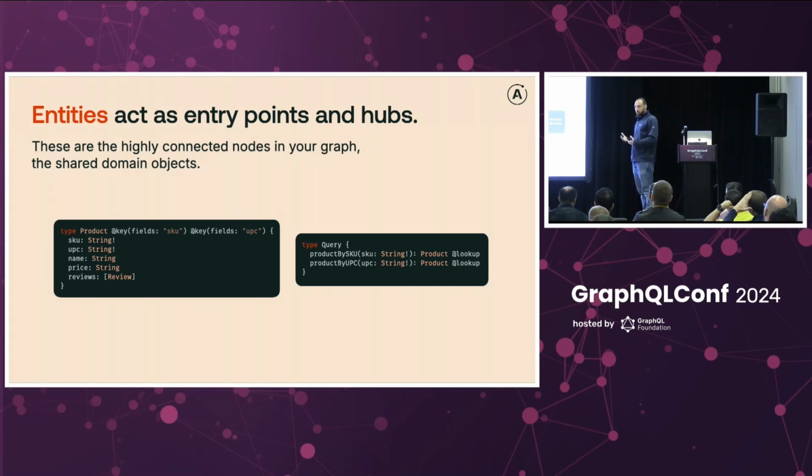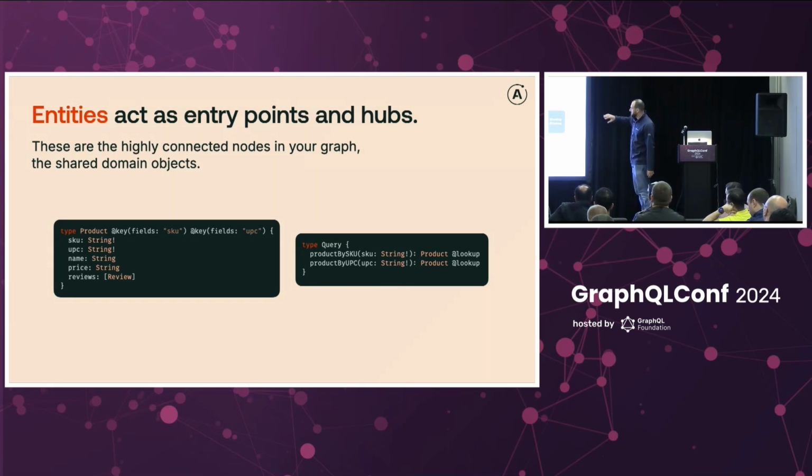What we found with Federation is that when you're talking about these distributed systems, there are often very different ideas about what uniquely identifies a certain domain object. Different APIs may have a different way of identifying these objects. These things might change over time.